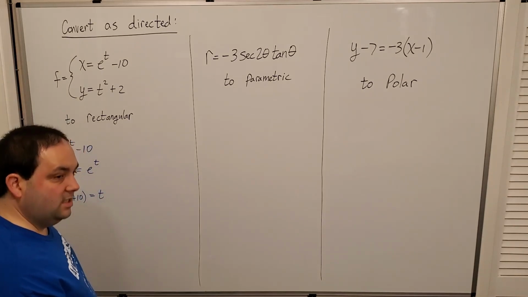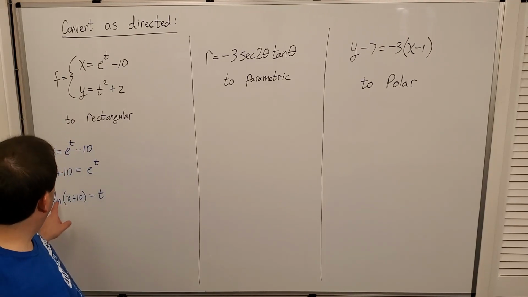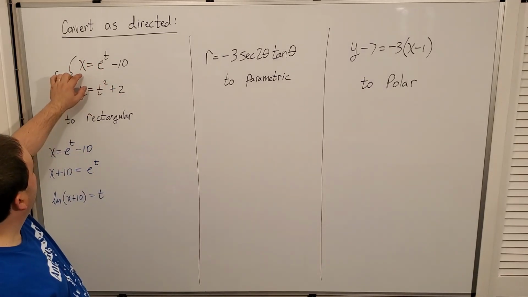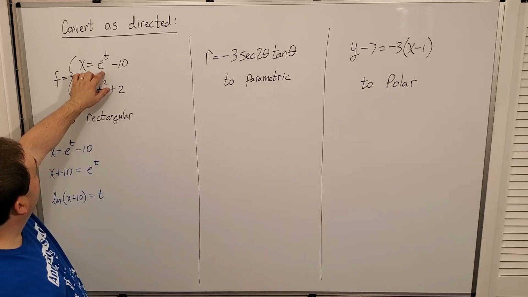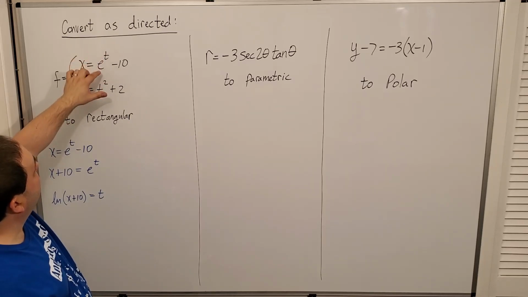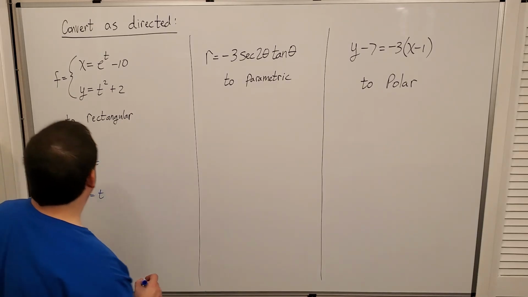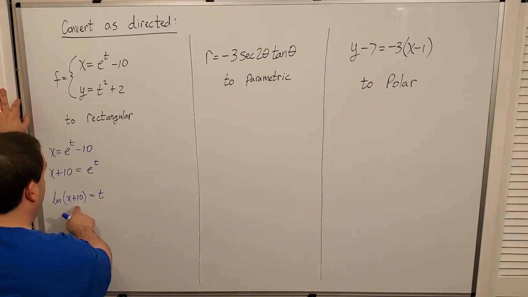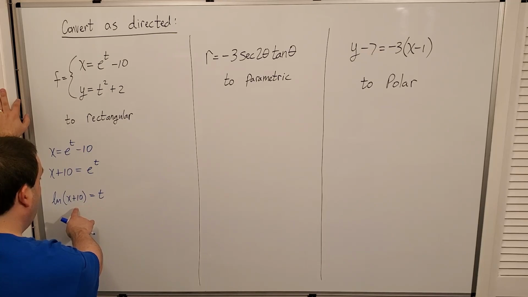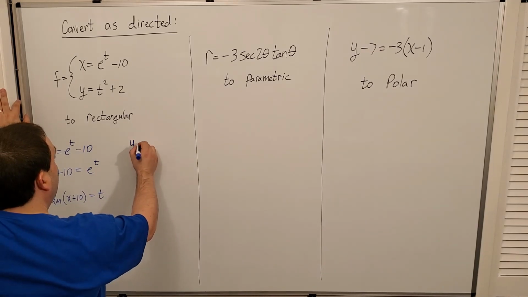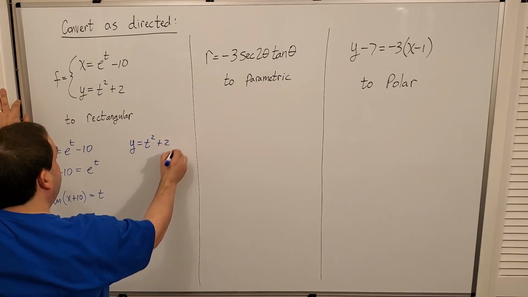Now, of course, this does limit our ability on the domain of x. Of course, x was never going to have that from here anyway, right? x is going to be limited by the fact that e to the t is always a positive value, right? Never reaches 0 or negative. So the limitation is still here, but you have to be more proactive about it. And then I will substitute this into y equals t squared plus 2.